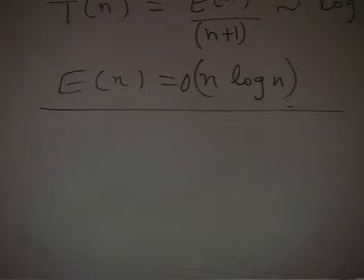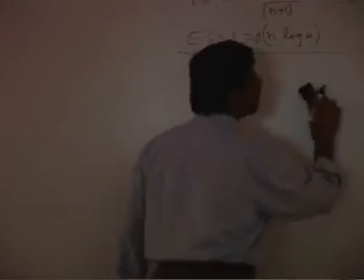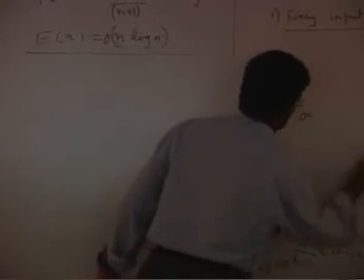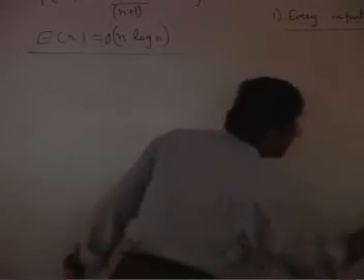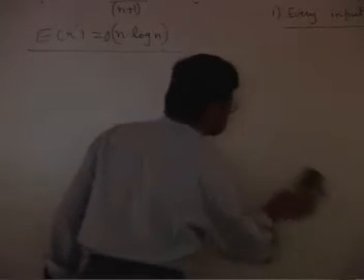If you look at the insertion sort, we can show that the expected value is order n square. For instance, for insertion sort, the way in which we would prove the expected value is as follows.